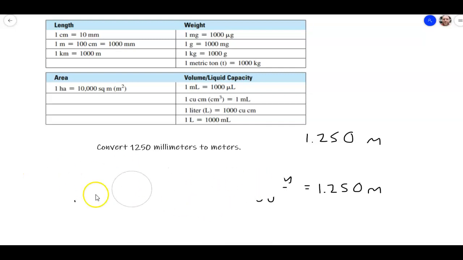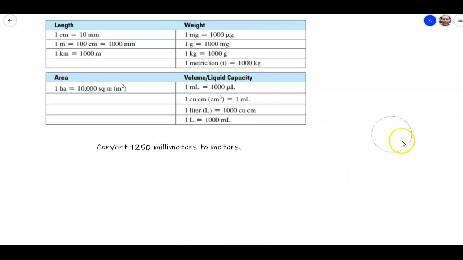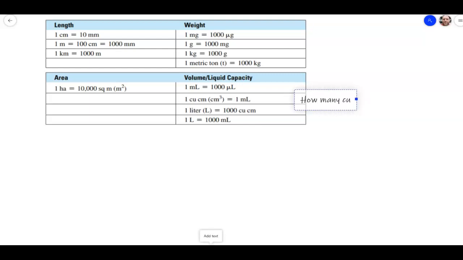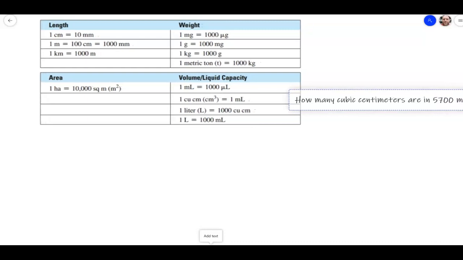All right, so let us go ahead and try another one here. So what if I said, how many cubic centimeters are in 5,700 milliliters?